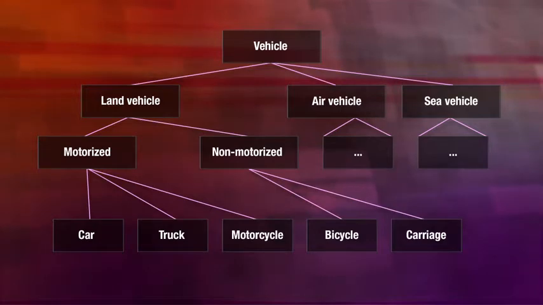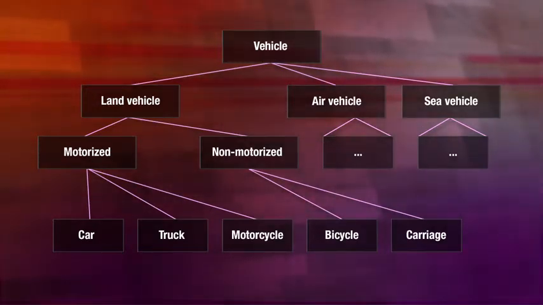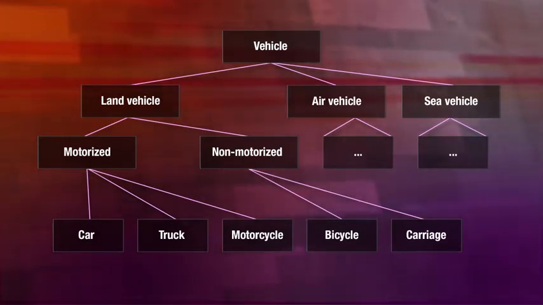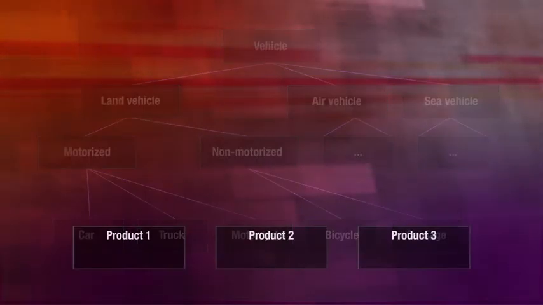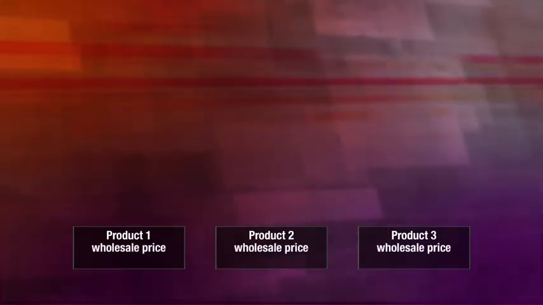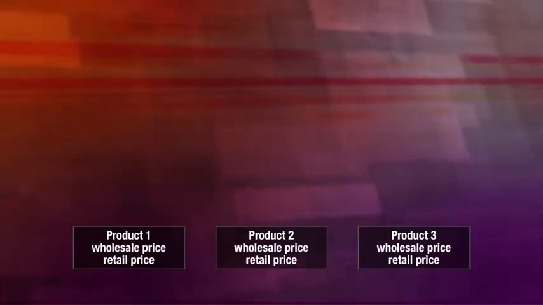But inheritance can also work from a bottom-up viewpoint. From this perspective, we start with the offspring, and we decide what sort of ancestor they have in common. For instance, imagine that you had a business, and you had a class for each of the products that you sold. Although different products will have some different characteristics, they'll all share certain characteristics, like the wholesale cost you paid and the retail price you're charging.